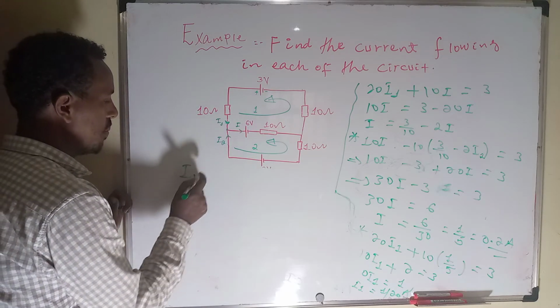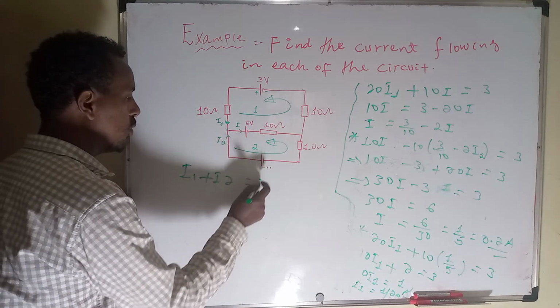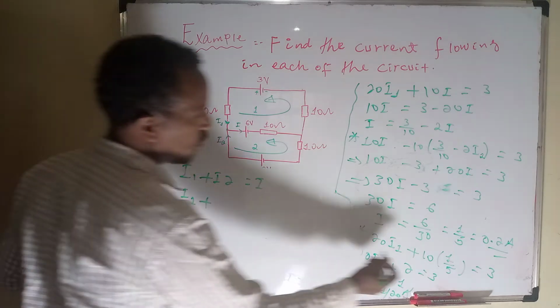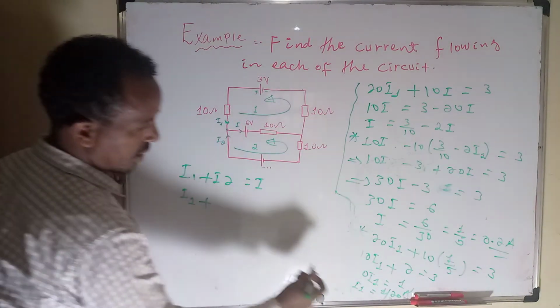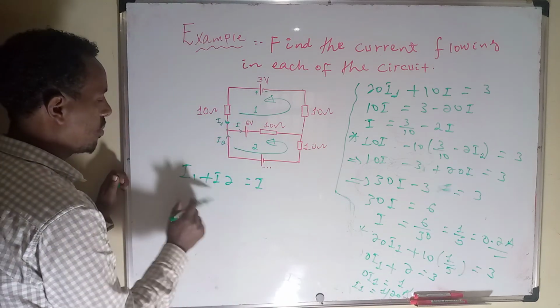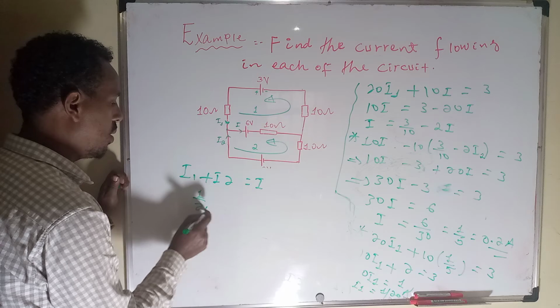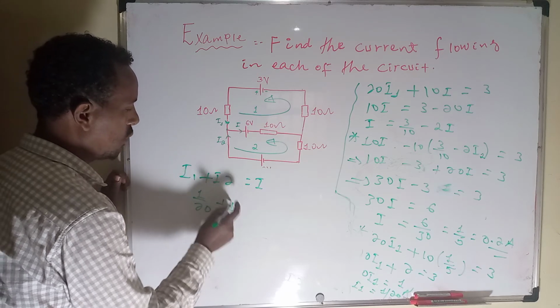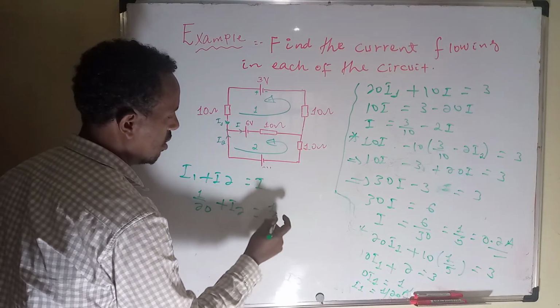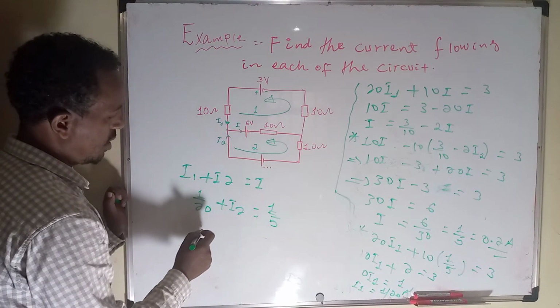I1 plus I2 is equals to I, which is 1 over 5. I1 is 1 over 20, plus I2, I is 1 over 5.